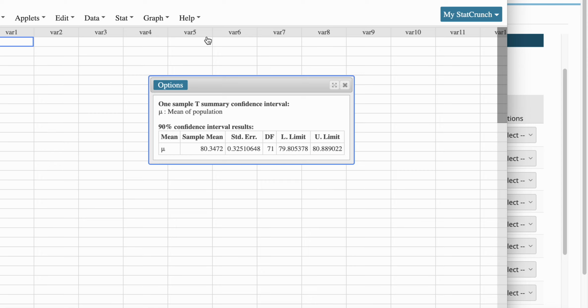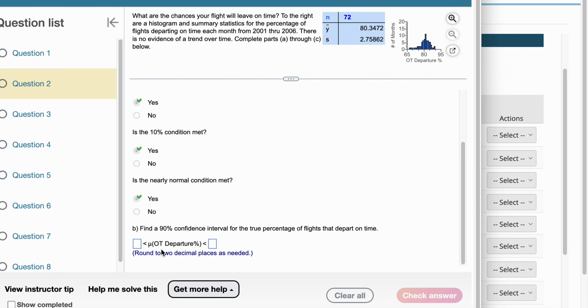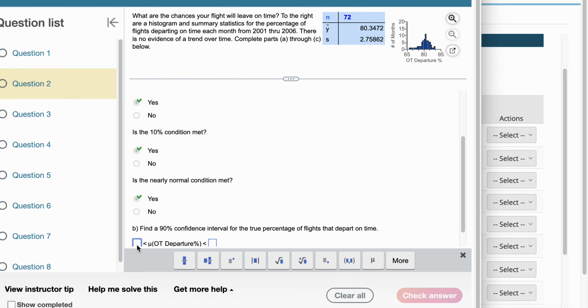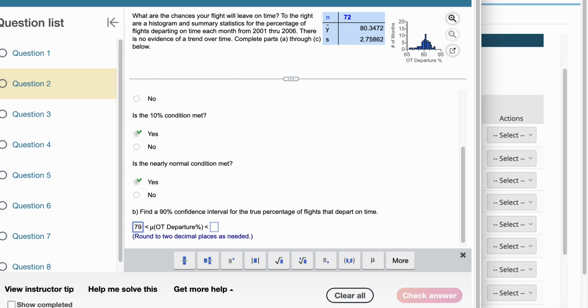So let's go back to the problem. We're going to put in 79.81. We can't get to the next part until we answer this part, and then 80.90.